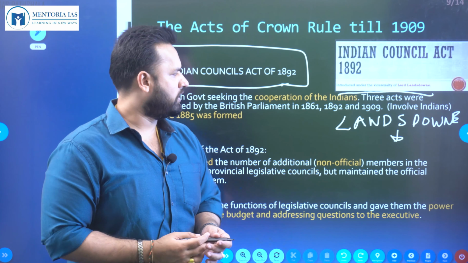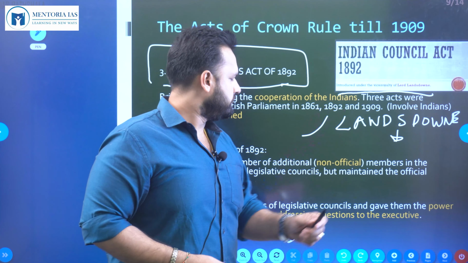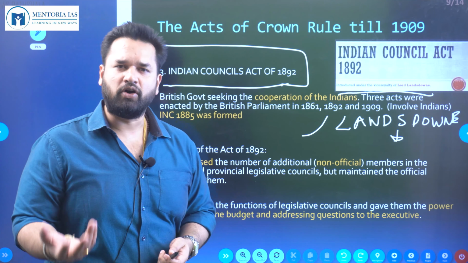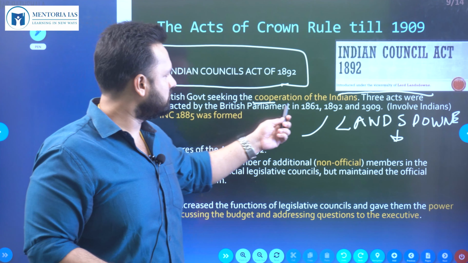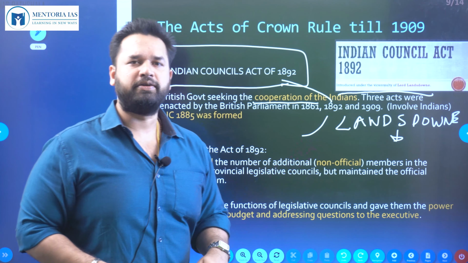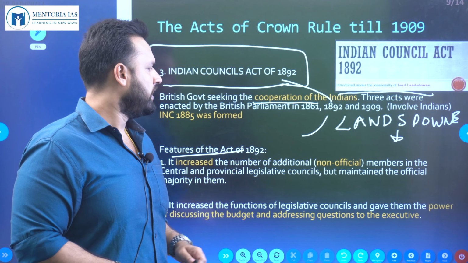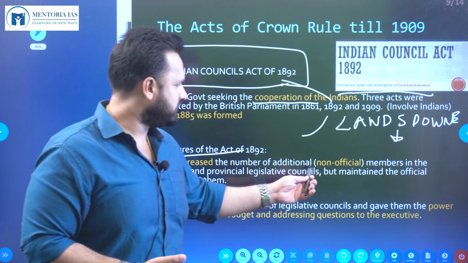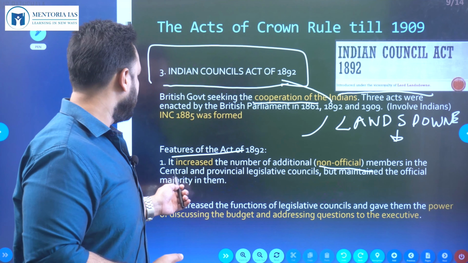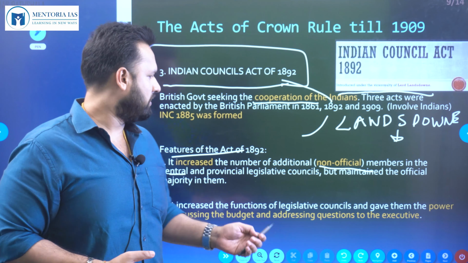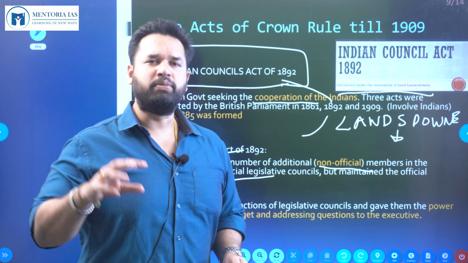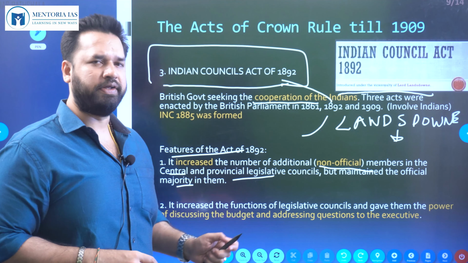Lord Lansdowne was the Viceroy then. As I said, the British government was seeking cooperation, so it also passed the 1892 Council Act. What are the features? It increased the non-official members, not the official ones, in central and provincial legislative councils, but the Britishers maintained the official majority.